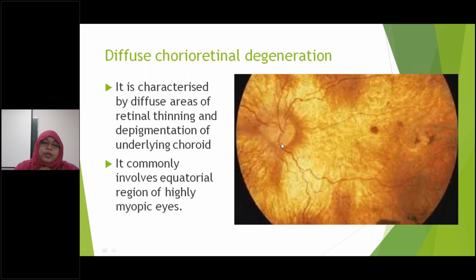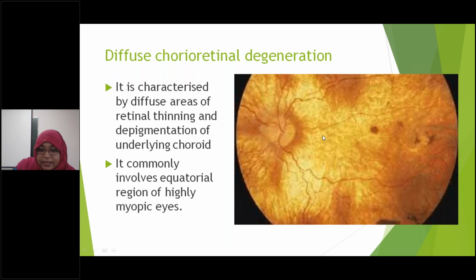Then diffuse chorioretinal degeneration. It is characterized by diffuse areas of retinal thinning and depigmentation of the underlying choroid. Here you can see there is a diffuse area of retinal thinning. So this is the normal area, but here is the area where there is retinal thinning. Due to thinning of the retina, we can see the underlying sclera.